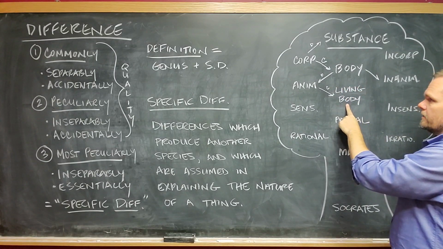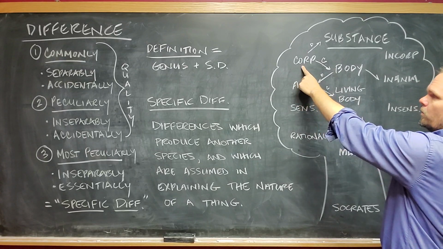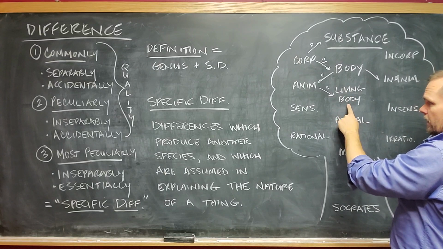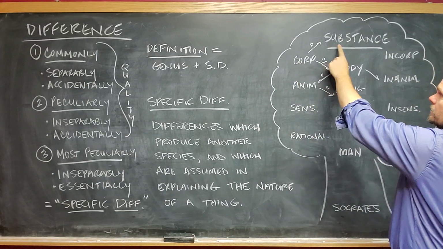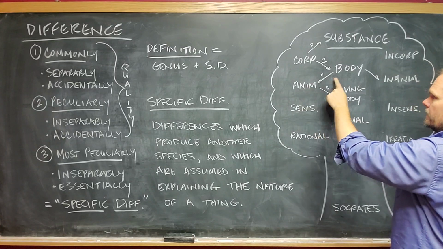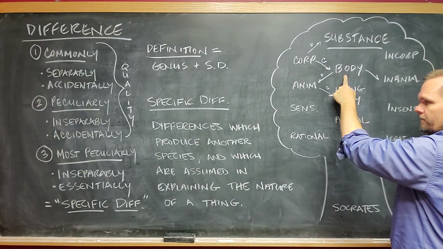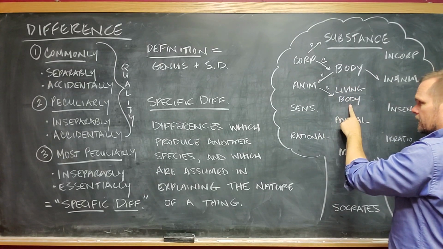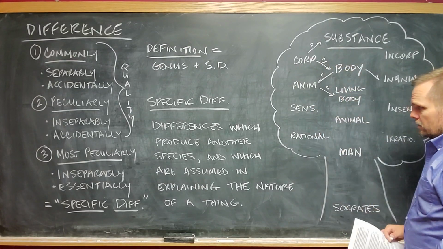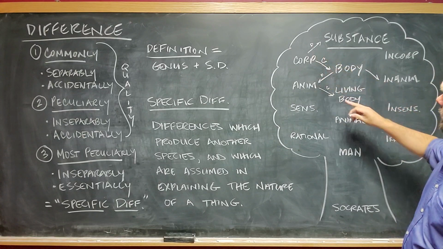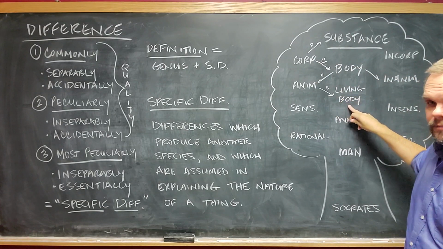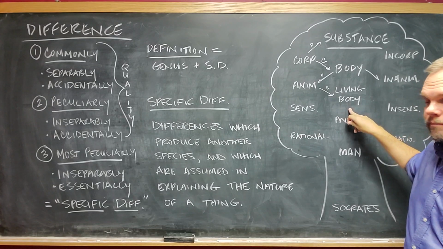A living body is an animated, corporeal substance. So I can just gather up the differences on the tree and have a description of this thing.